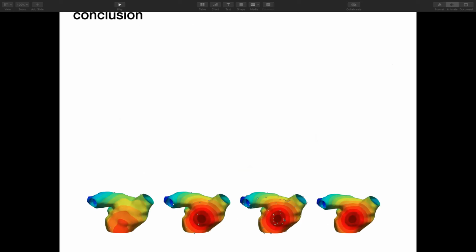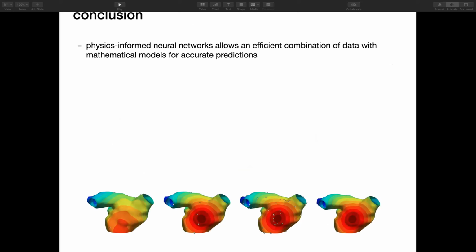So just to finalize, we think that physics-informed neural networks are a good method to combine data with mathematical models. So in cases where we know the physics of the problem, we can blend those two information sources very nicely.